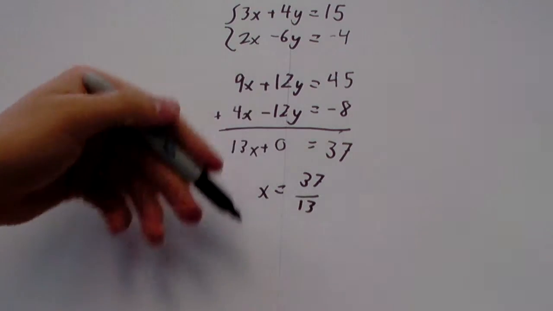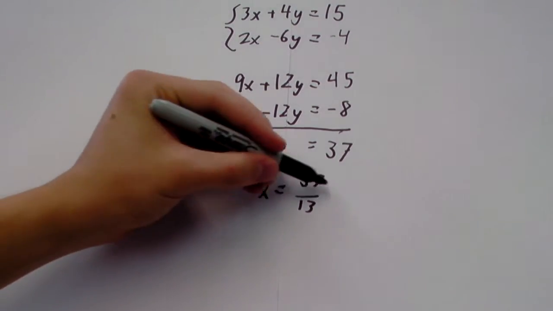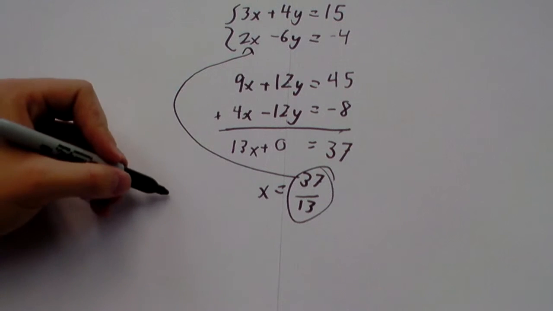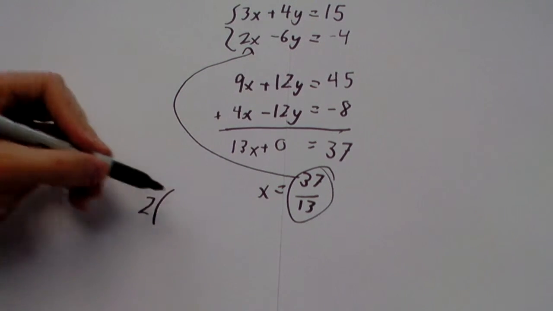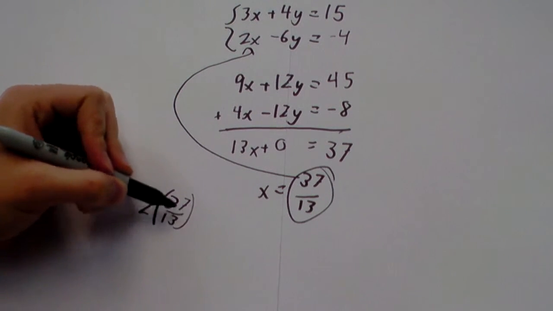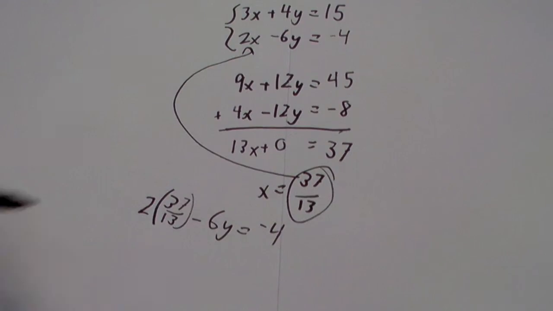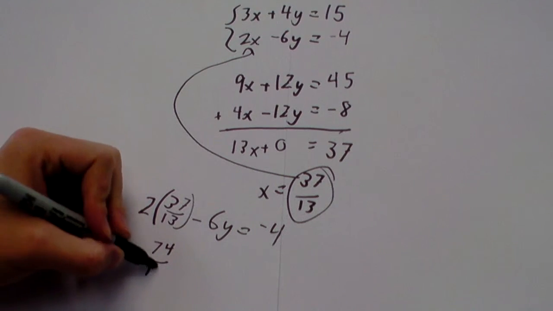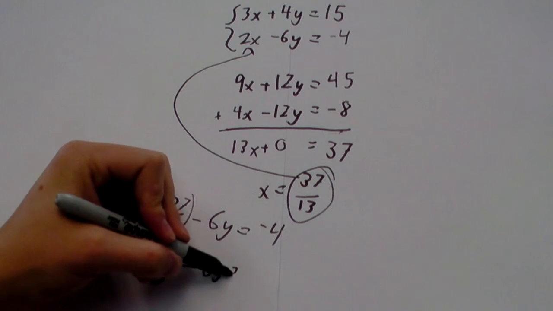Now that I know x is 37 over 13, I can just plug this value into either one of the equations. How about this one on the bottom here? And I get 2 times whatever x is, in this case 37 over 13, minus 6y equals negative 4. So 2 times 37 over 13 is 74 over 13, minus 6y equals negative 4.